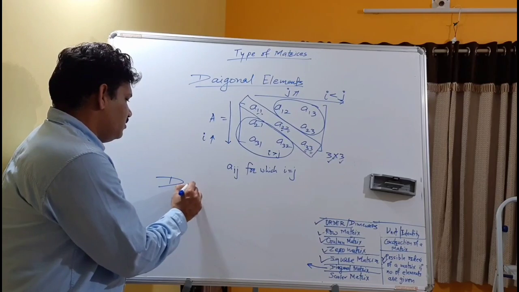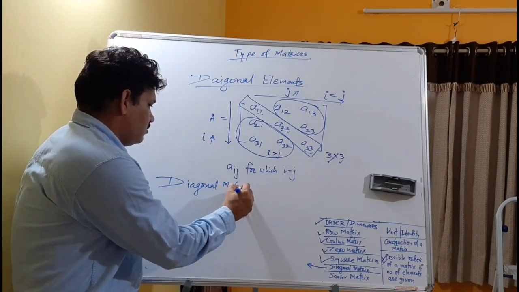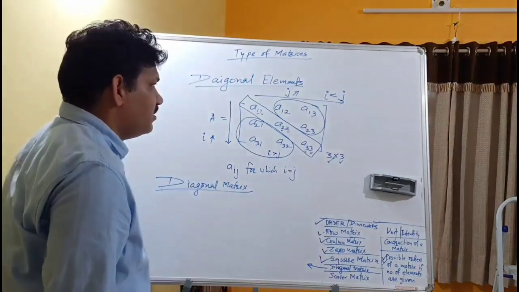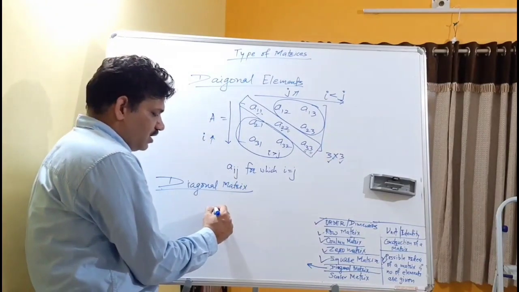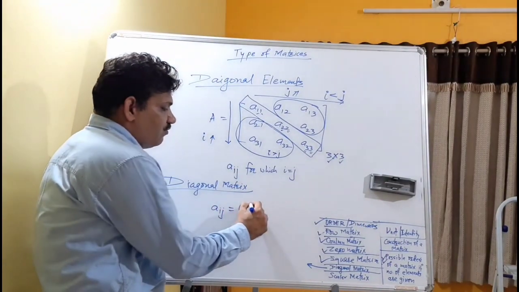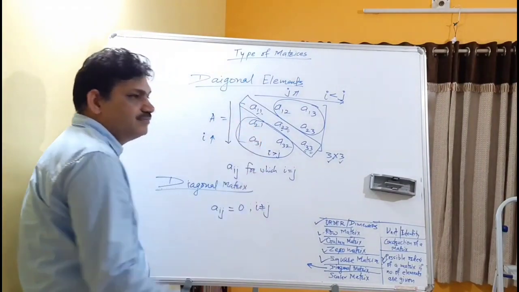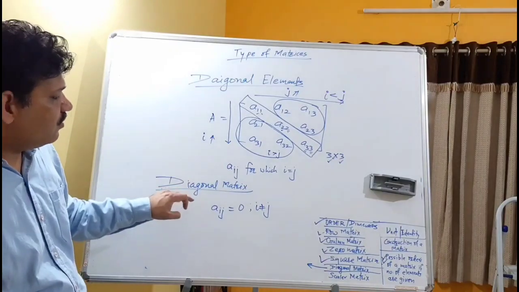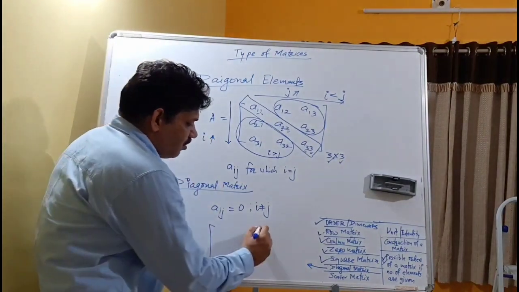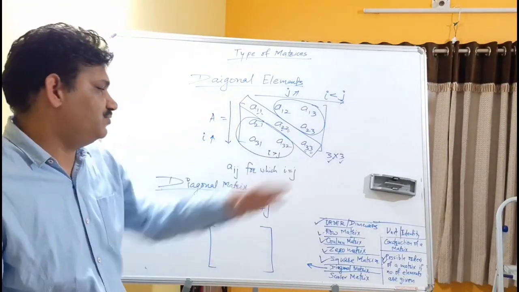Let's talk about a diagonal matrix. What a diagonal matrix is? A square matrix is said to be a diagonal matrix if a_ij is equal to 0 whenever i is not equal to j. A matrix is said to be a diagonal matrix if all the elements except diagonal are 0.